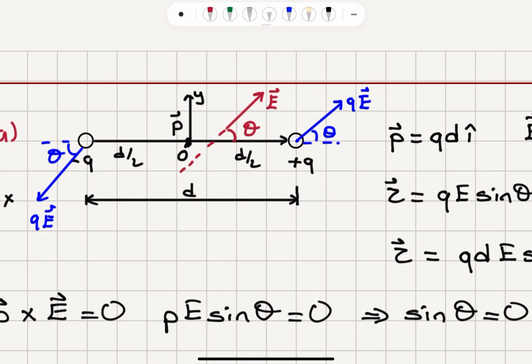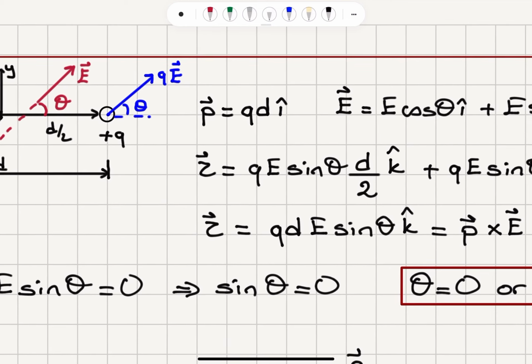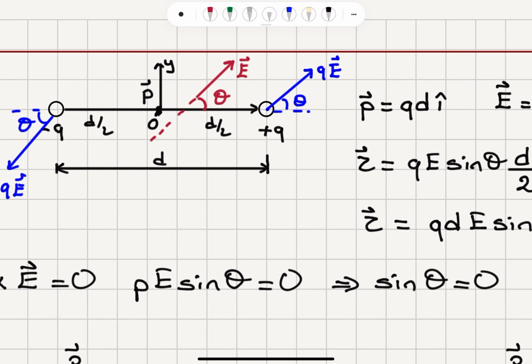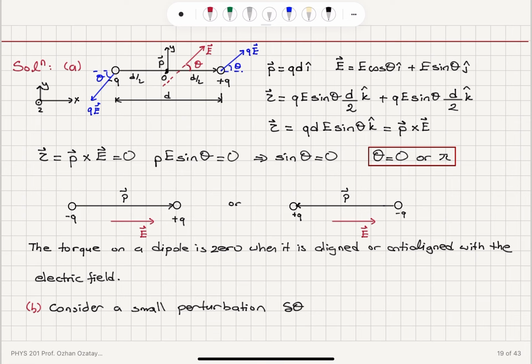This is going to introduce a torque. It's going to have a torque effect on plus Q and minus Q with respect to the center point O. And we have seen that this torque is equal to 0 when the angle theta between the electric field and P vector is either 0 or pi, or it's either aligned or anti-aligned.